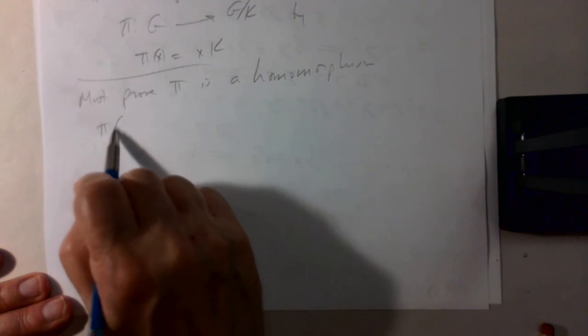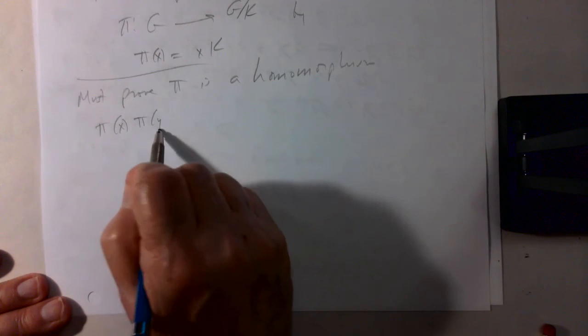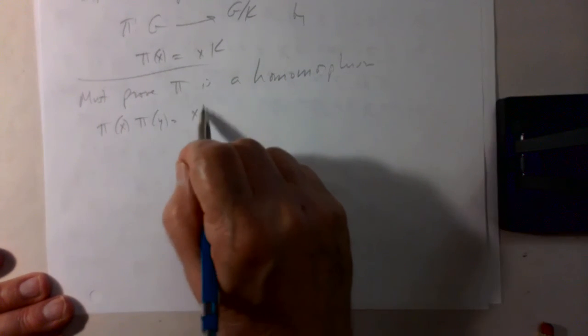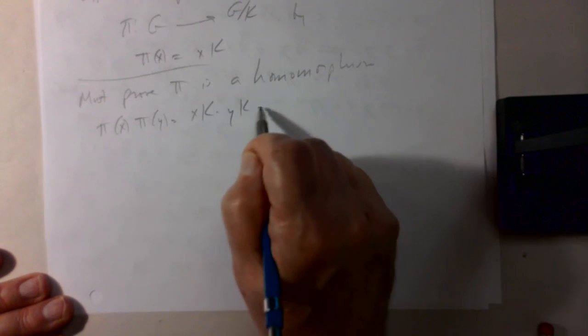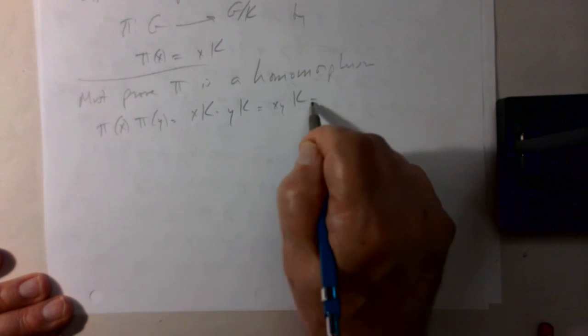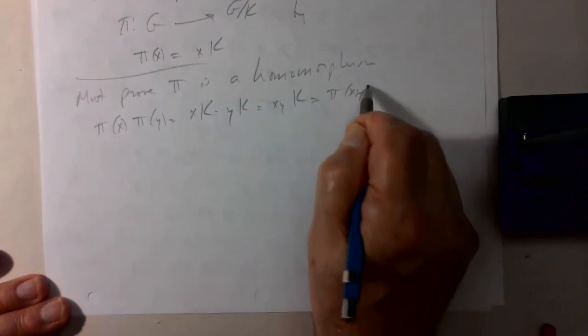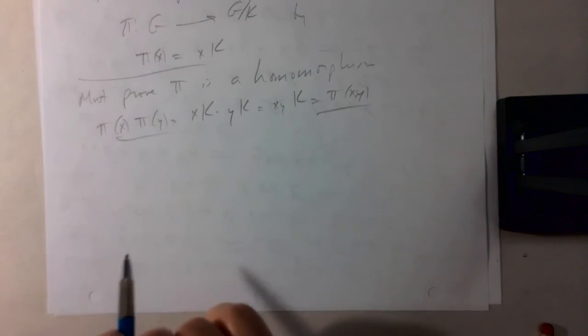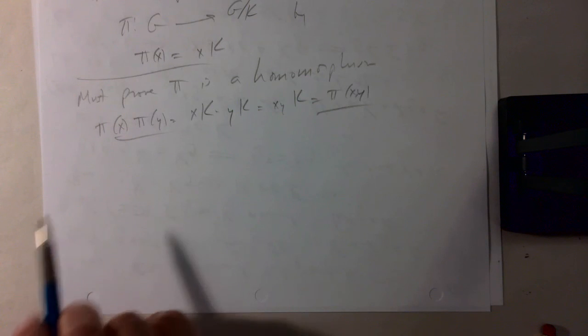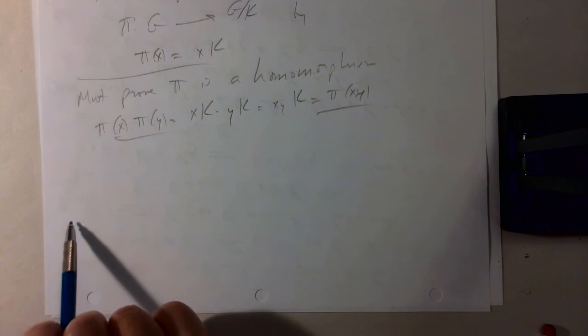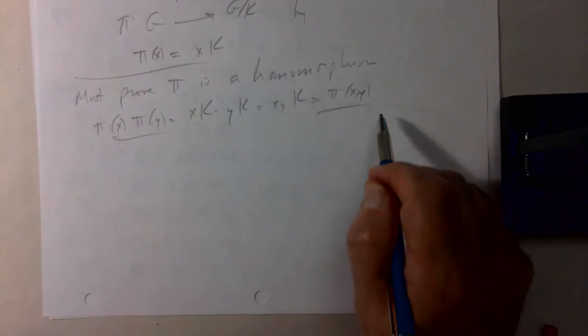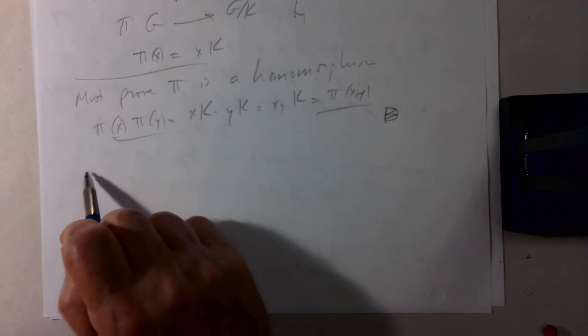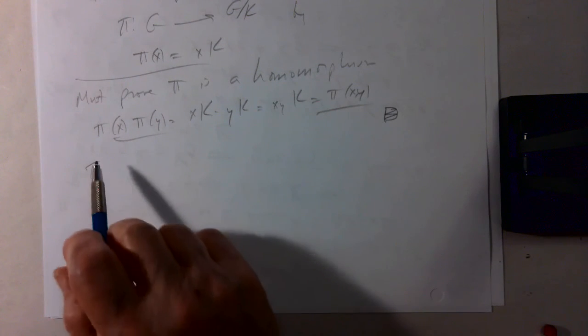Pi of x times pi of y is xK times yK, which is xyK, which is pi of xy. So the functional equation for a homomorphism is satisfied. We're done. End of proof. And this is a very standard operation.